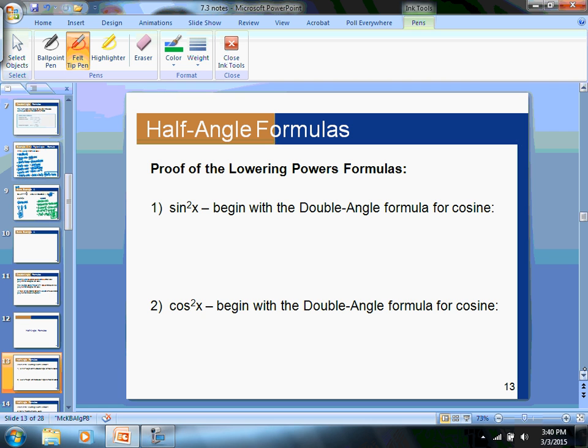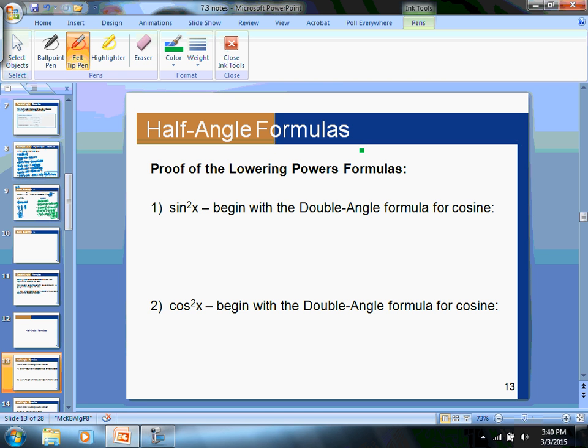So that's where we get these half angle formulas. Well, proof of the lowering powers formula. These are the lowering powers formulas. These aren't exactly the half angles yet. So this title is more just the title of the whole chapter, okay?